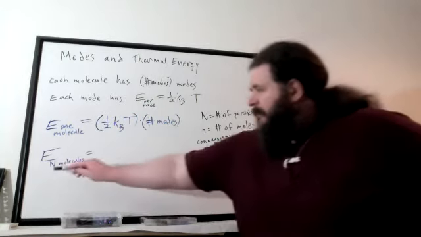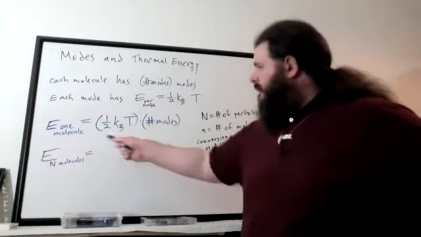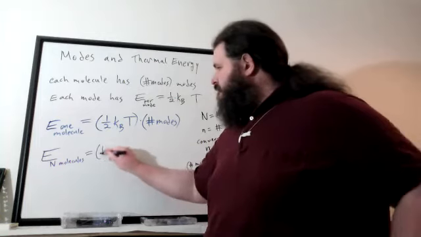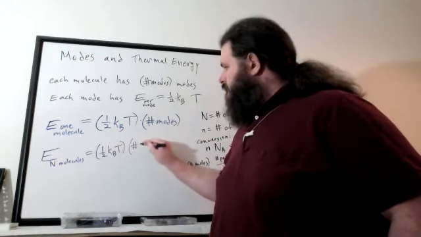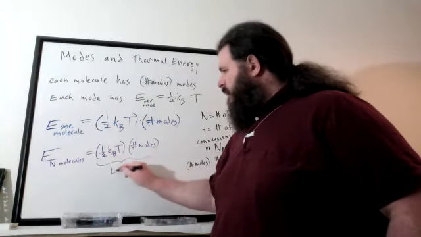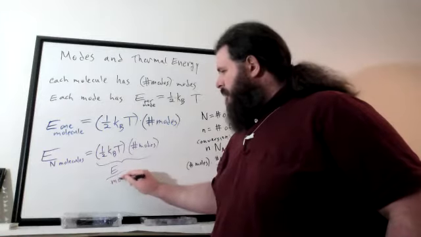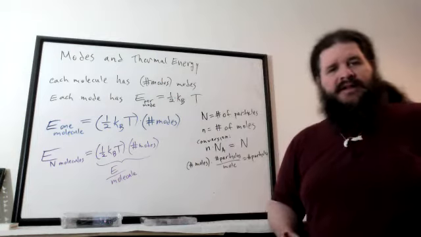So if we have capital N molecules, then we know this is the energy of one molecule. This is energy per molecule, or per atom, per particle, whatever type of particle it is.